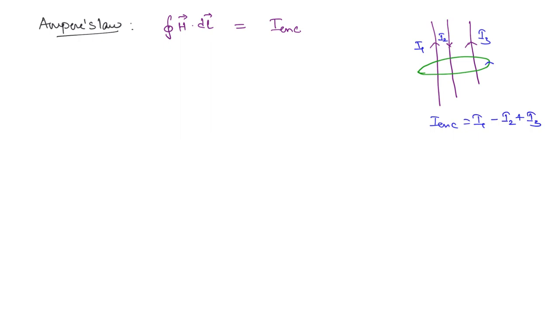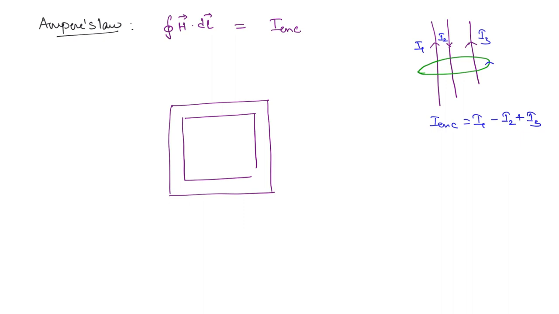What does it state? When you curl your fingers around the conductor with the thumb in the direction of the current, the direction in which your fingers curl around the wire is the direction of the magnetic field.